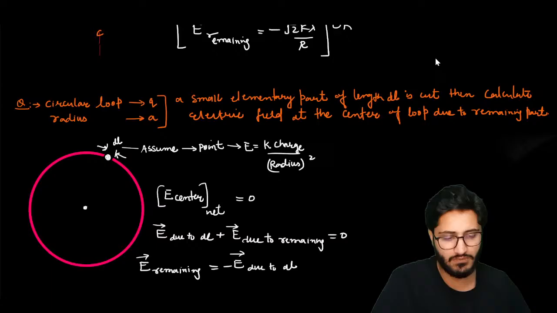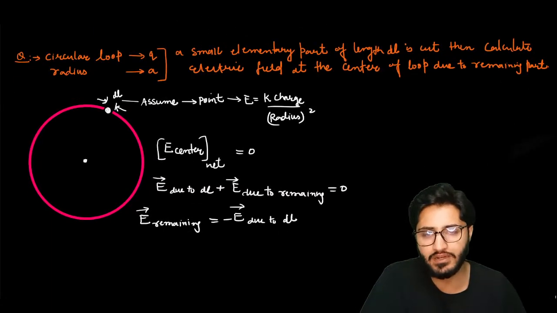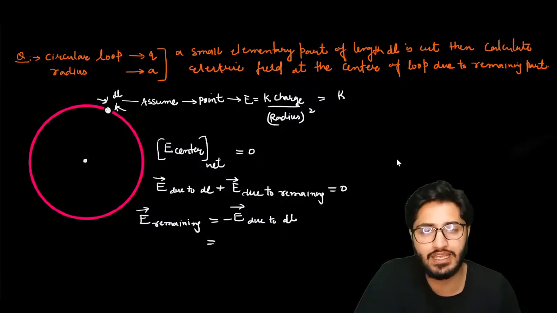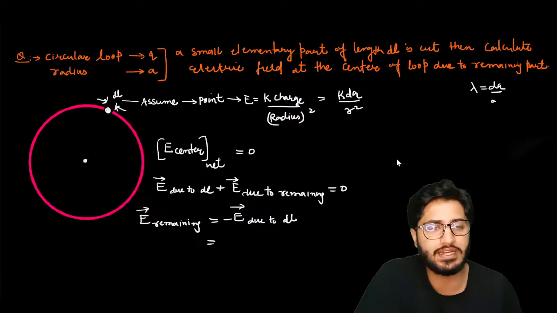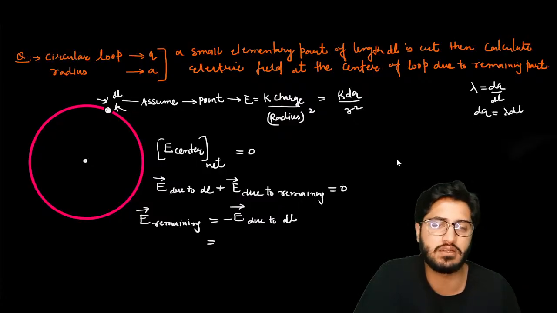Look now, how I will write it. Electric field due to dl would be E equals k times charge dq divided by r square. So lambda is equal to dq by dl, so my dq would be equal to lambda times dl. So I can write here k lambda dl by r square.